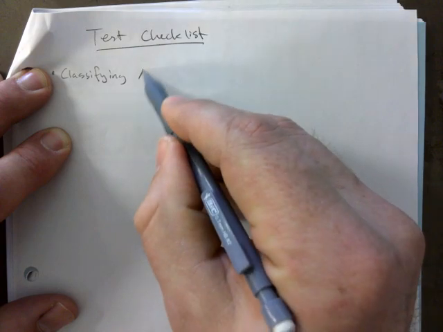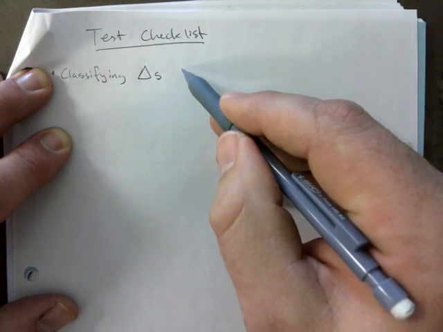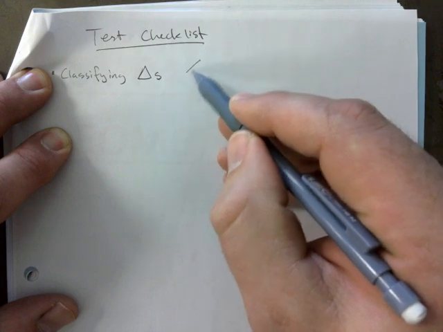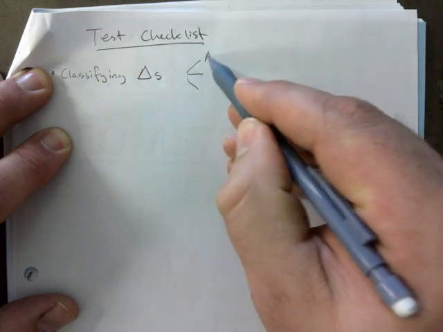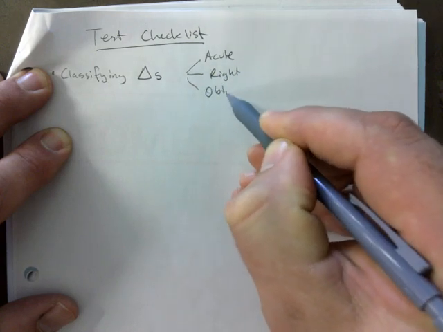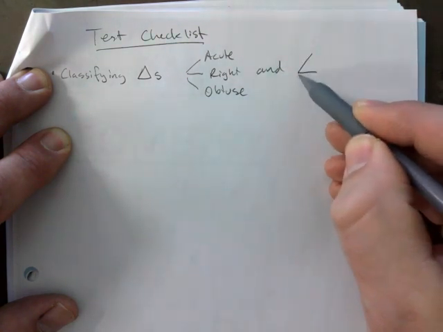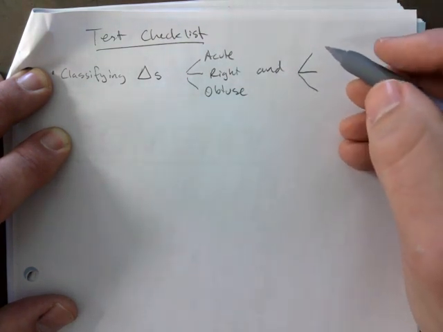So definitely classifying triangles, right? So you're going to have to pick acute, right, obtuse, and between the three in terms of the side length, right?